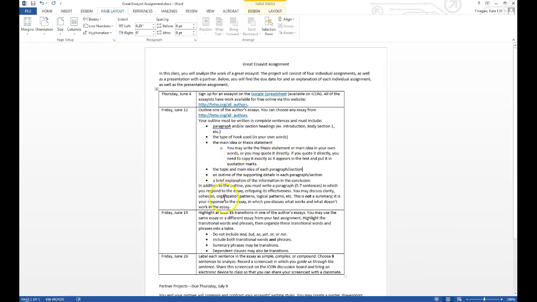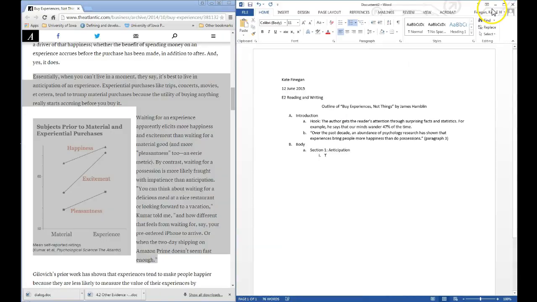Okay, and I'm going to say that the main idea of this section is that anticipating an experience causes more happiness than anticipating a possession.